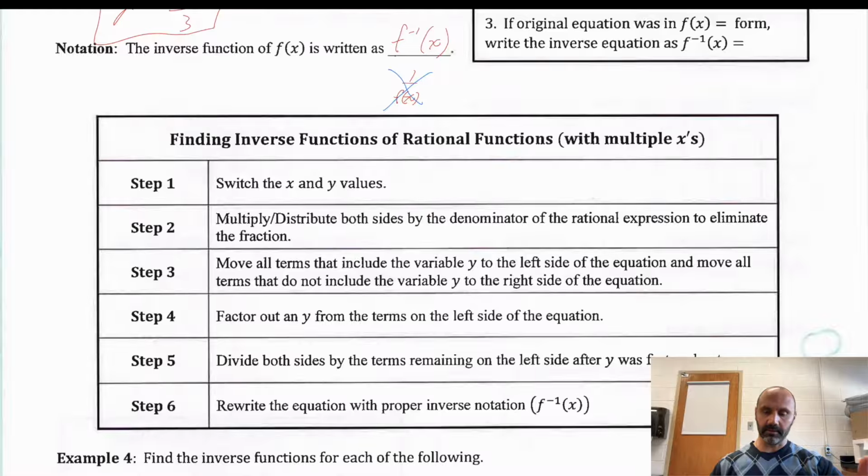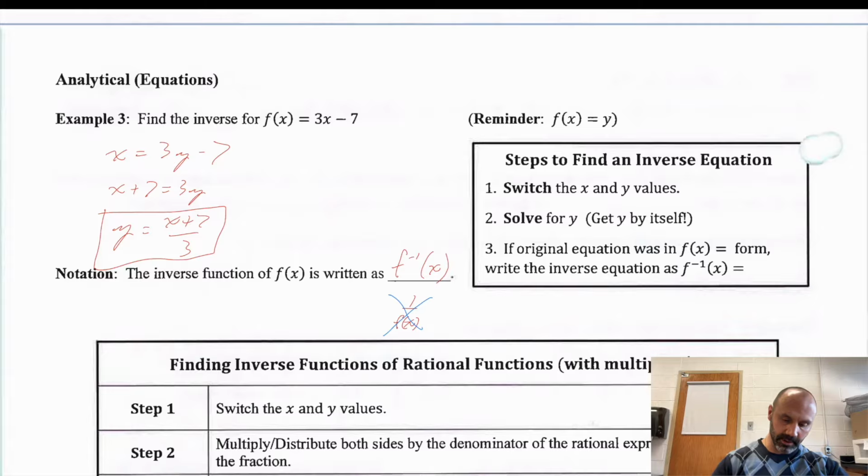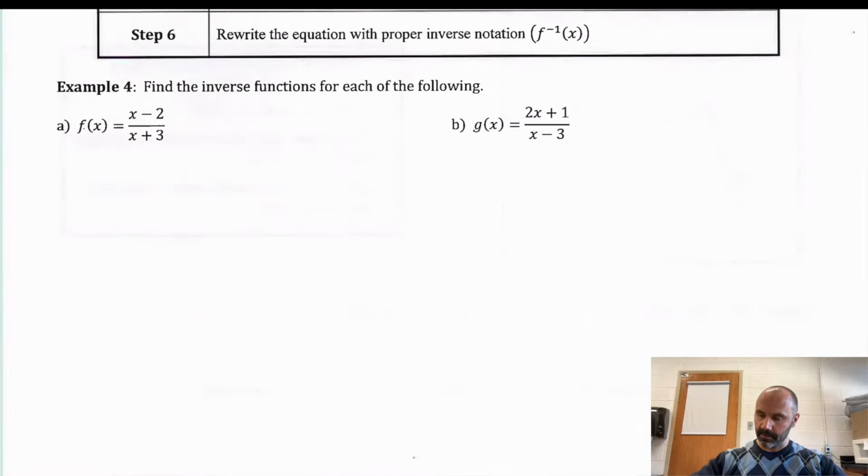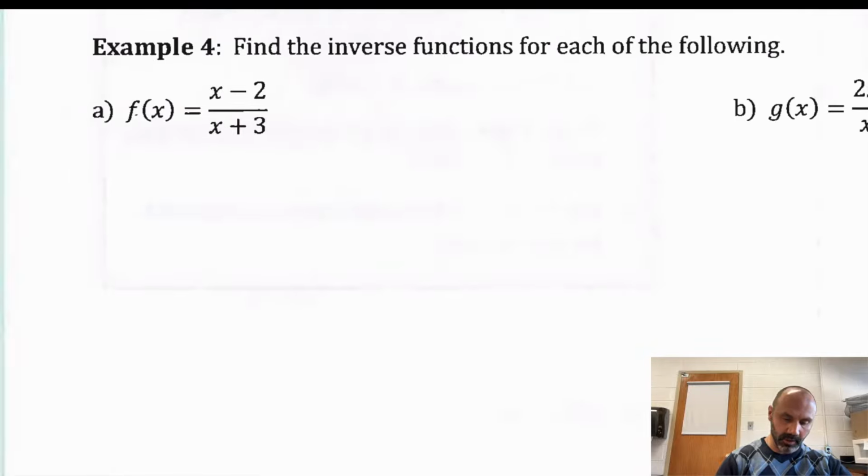And then for the final version, you rewrite it as f to the negative 1 of x equals, and then for this example we had written, it would be that. All right, but let's do a couple of examples down here. Okay, so I'm going to switch. I'm going to put in y for the x's.